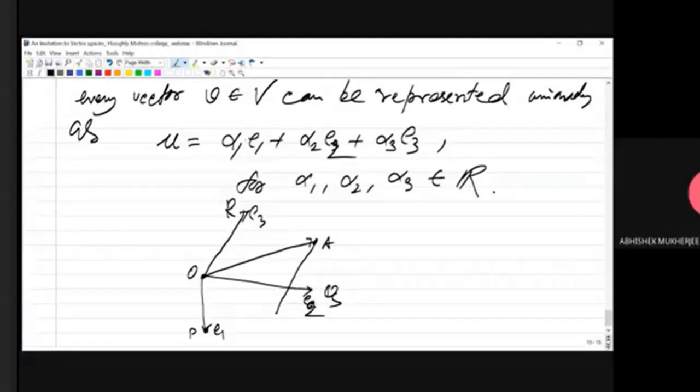So I am just producing one line segment to meet this plane, and the line segment must be parallel to OR. Then you will have this one. That is, what is your OA?